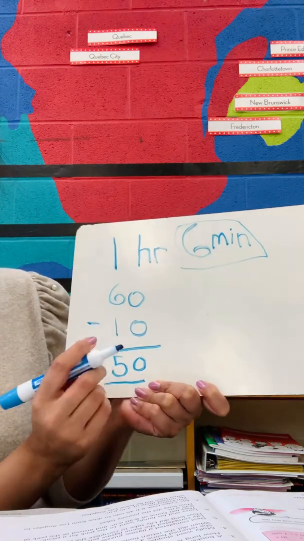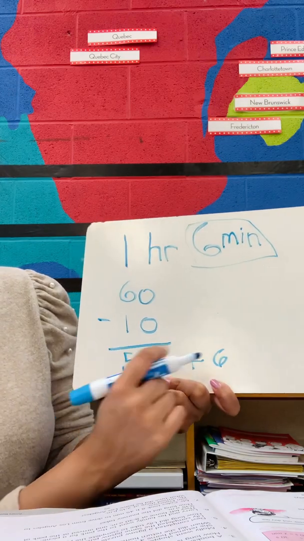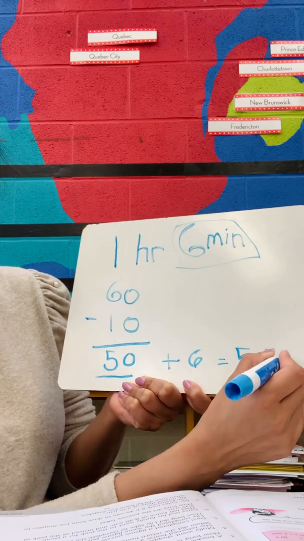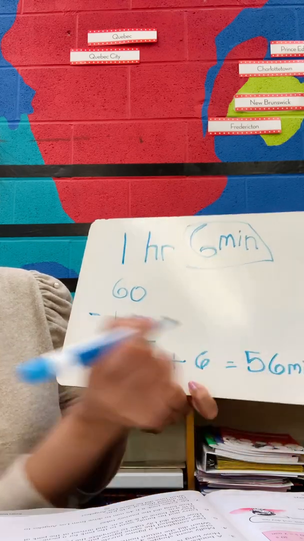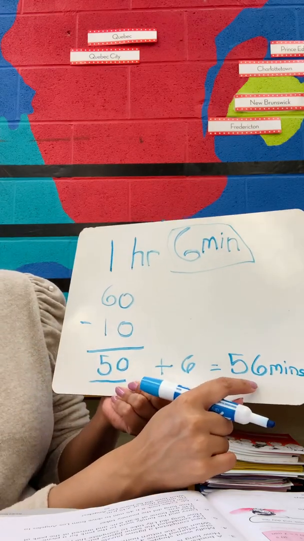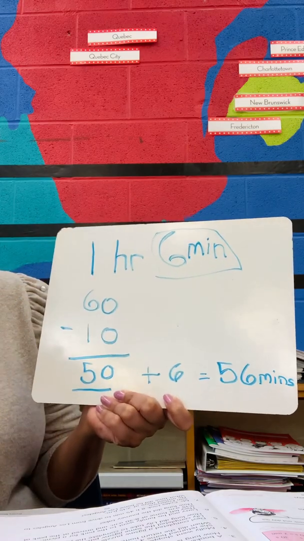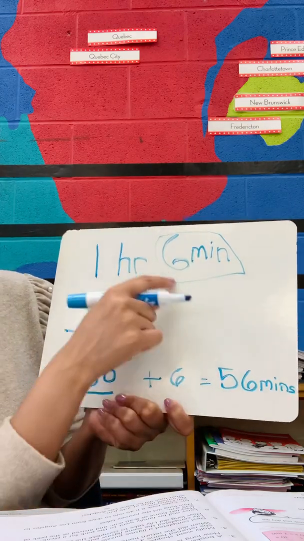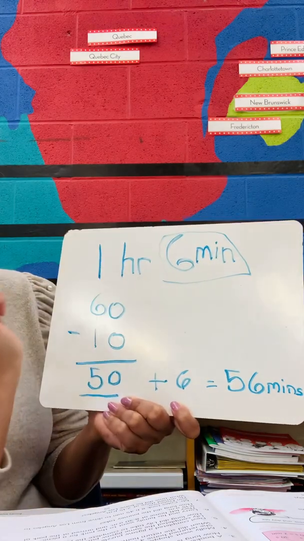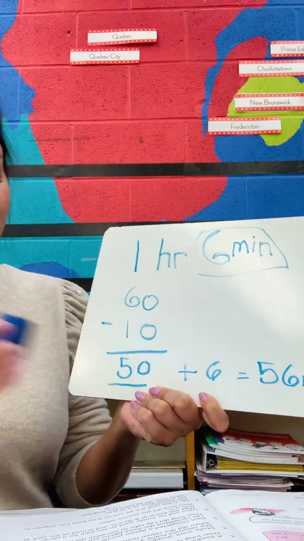So Lily took 50 plus 6, which is equal to 56 minutes. Lily took 56 minutes to complete the puzzle, and Davy took 1 hour and 6 minutes. Okay, that was question 5.